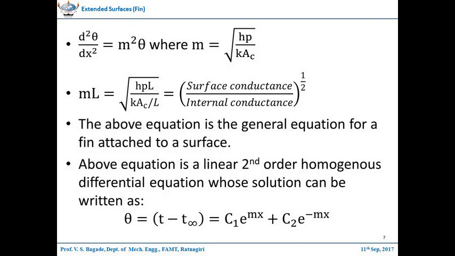The constant m has a physical significance: if we multiply by L, the length of the fin, then m into L is equal to the square root of hPL upon k Ac divided by L, which is nothing but the ratio of surface conductance to the internal conductance. So this equation is called the general governing equation.